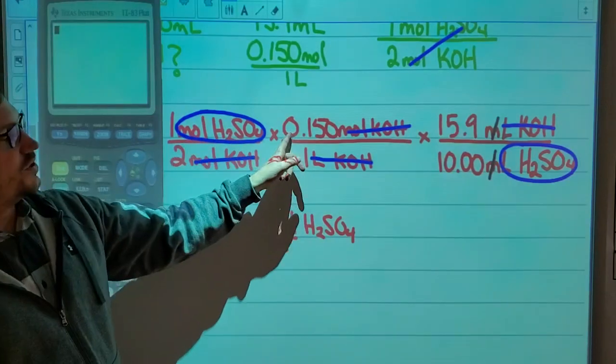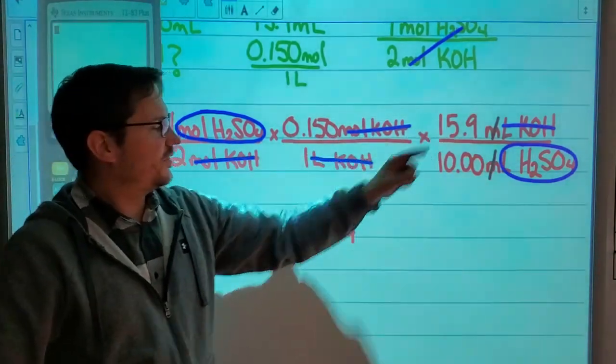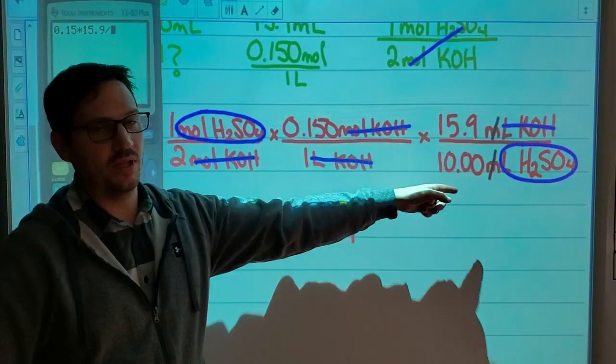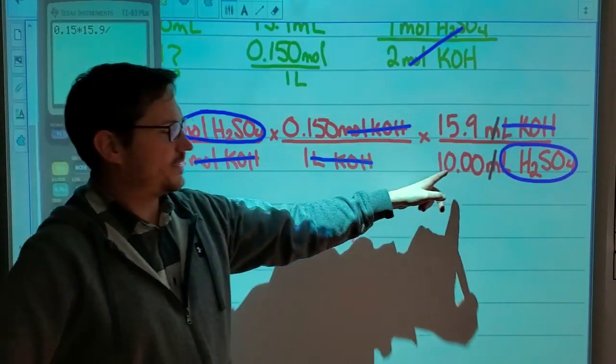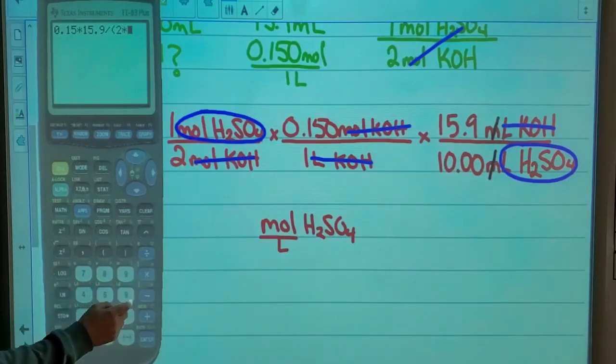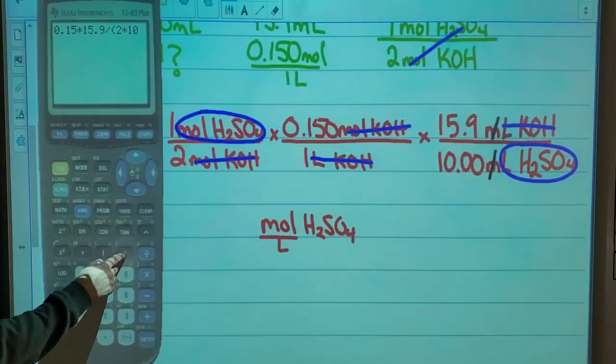I go 0.15 times 15.9 on top. And then divide by, there's two numbers on the bottom that I care about, the 2 and the 10. So you can divide by 20 if you want, but I'm going to go divided by bracket 2 times 10 end bracket.